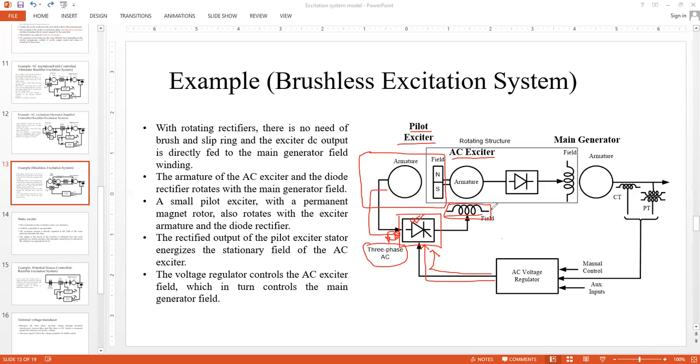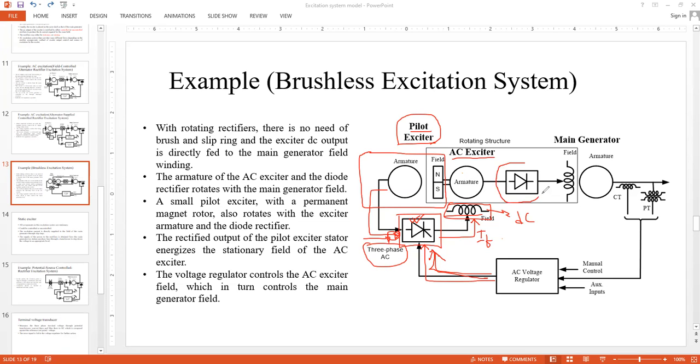Again, remember, this should be DC. Because the output of the pilot exciter is three-phase AC, you need some sort of rectification so that you get some DC output from here. The control of this is provided from the voltage regulator. So this is a controlling effect. You have some controlled field current IF for the AC exciter. So this is how it is being controlled.